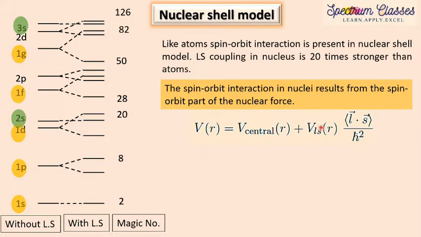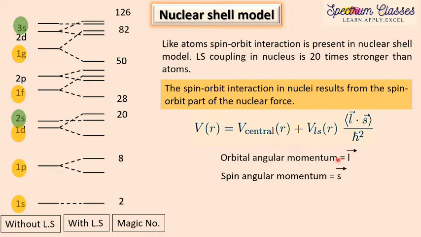This term may be represented in a different manner in the textbook you are referring to, so please relate this term with what is given there. But the basic meaning of this term is the introduction of LS coupling, right? So while solving this Schrodinger wave equation, this term plays a vital role.